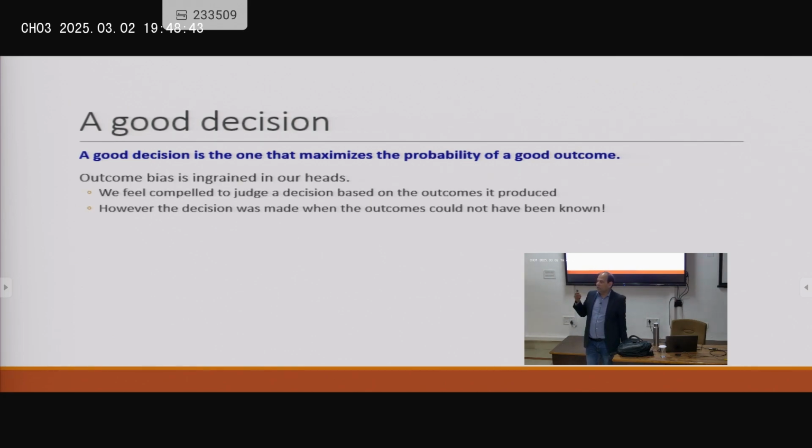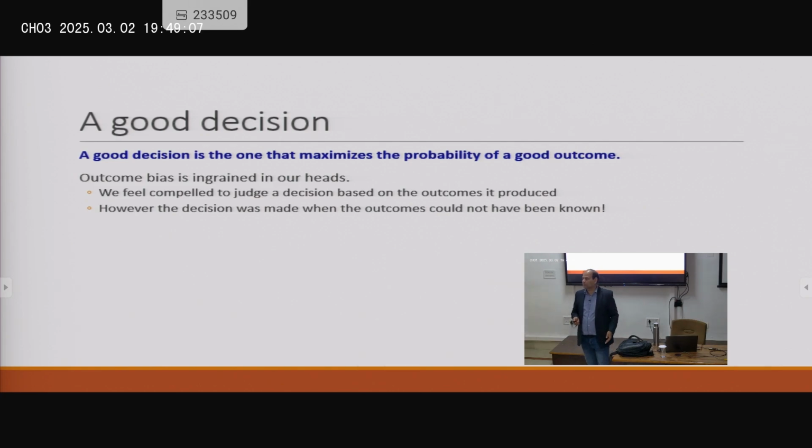So outcome bias is ingrained in our head. We feel compelled to judge a decision based on the outcomes it produced. If there's one thing you can get out of this class, or I hope you get multiple things out of this class, one of the important things you can get out of this class is that you separate the quality of your decisions from the outcome you received.